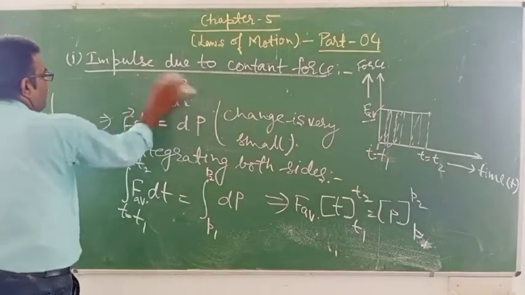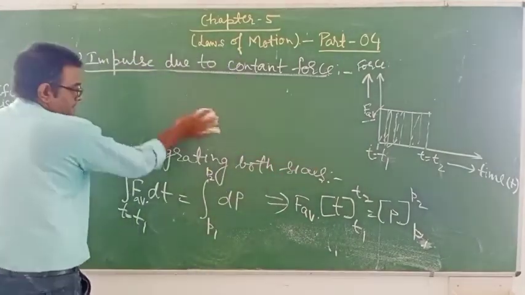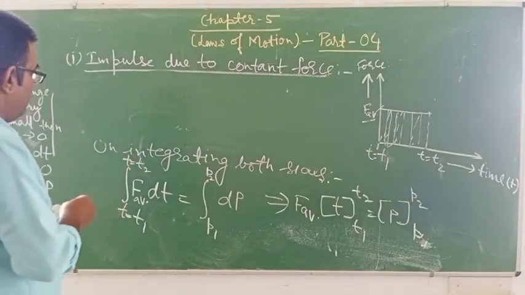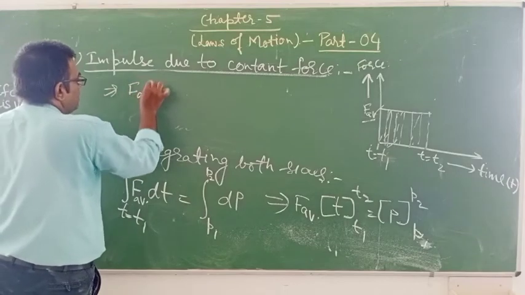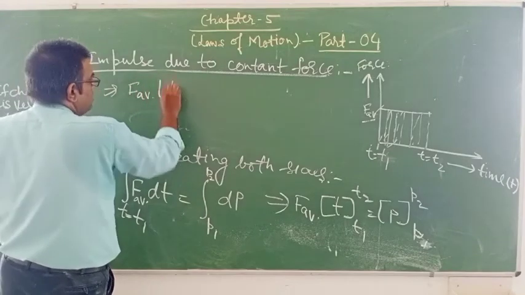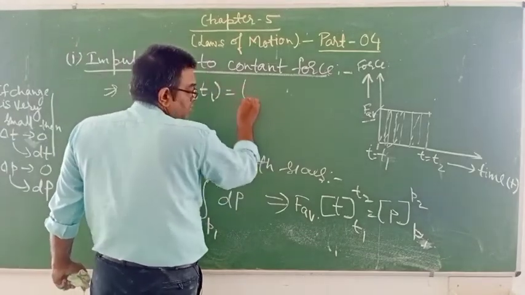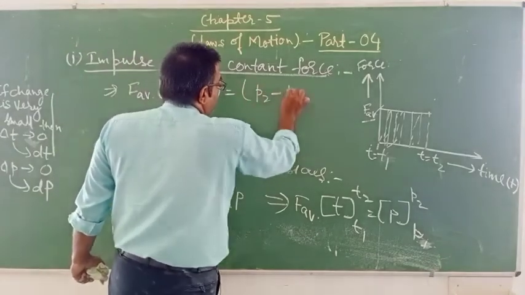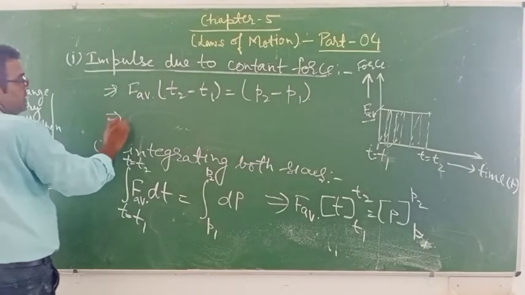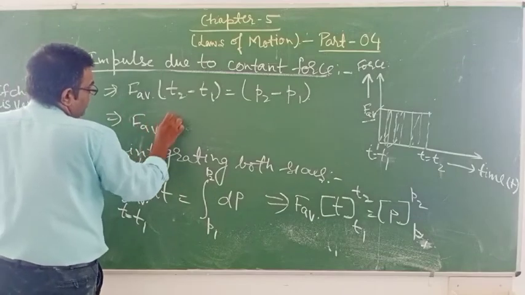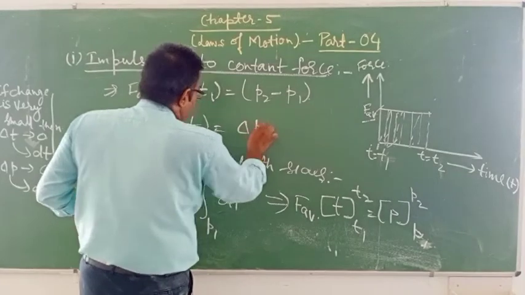So now you can write it as F average into (t2 minus t1) is equal to p2 minus p1. And this can be written as F average delta t is equal to delta p.